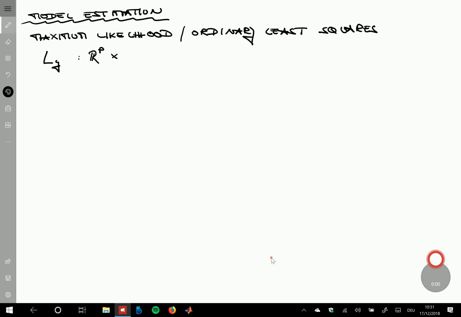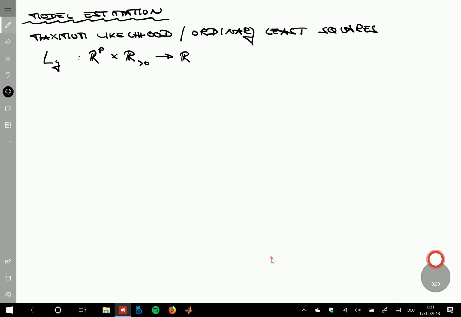So that one is a function of that, and usually, if you're dealing with parametric models that are defined in terms of densities, maps this into a probability density.